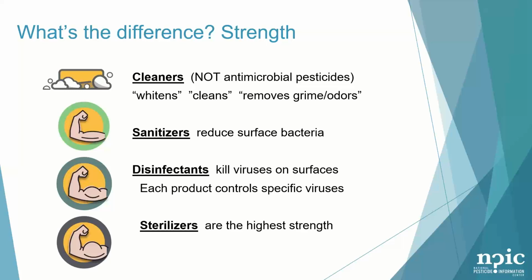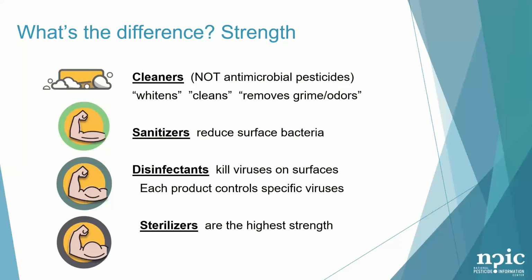The three types of antimicrobial pesticides are sanitizers, disinfectants, and sterilizers in increasing strength, sterilizers being the highest strength. And these all kill pathogens. So the pest they're targeting is a germ, a virus or bacteria, sometimes a fungal spore. Sanitizers are the weakest, then disinfectants, and then sterilizers.